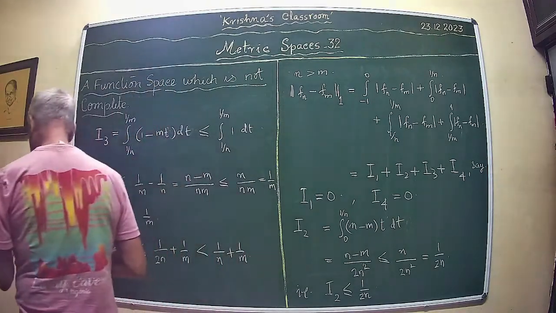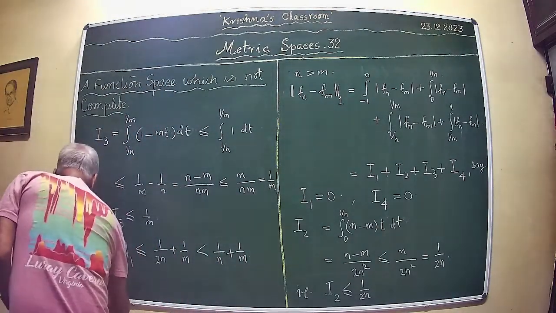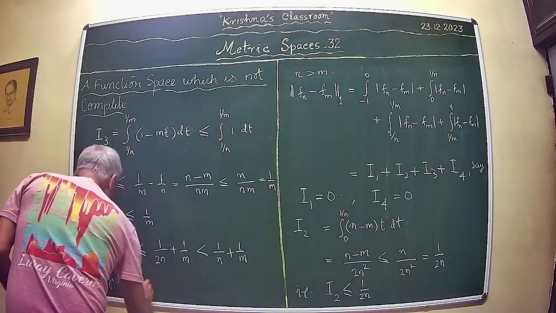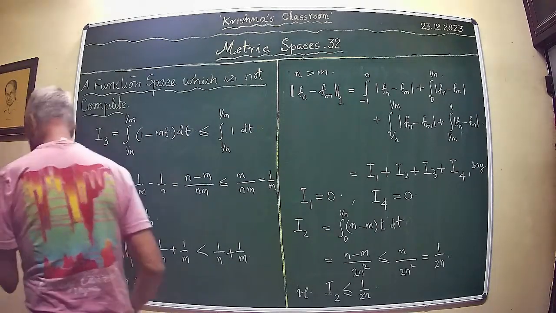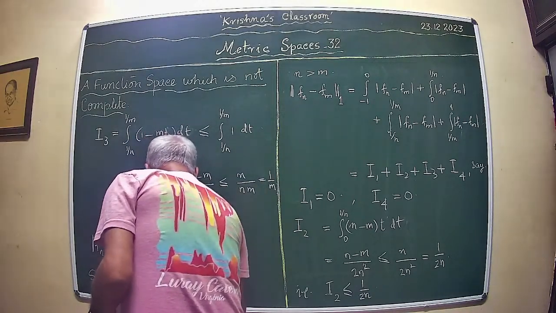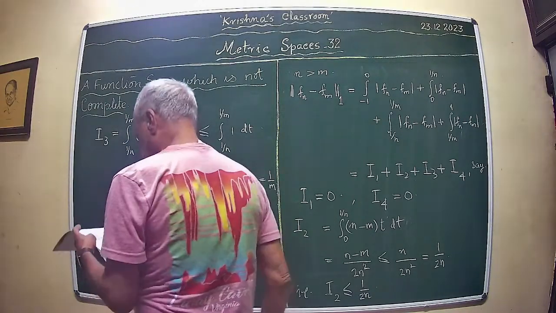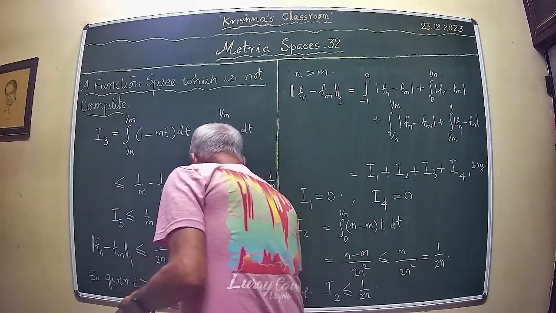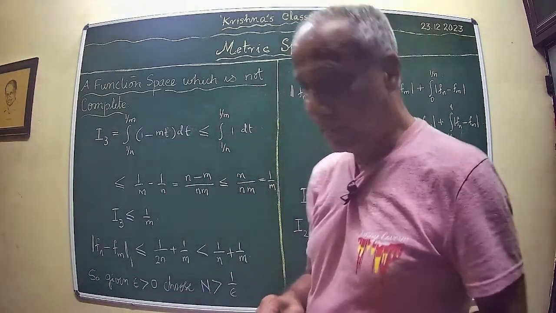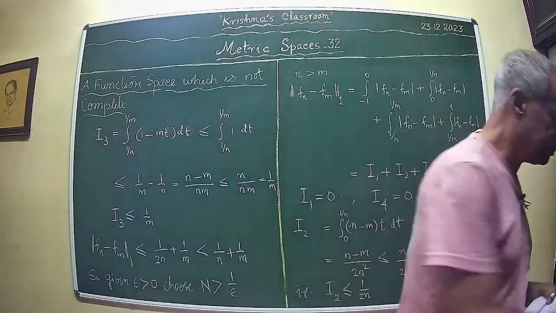So for epsilon positive, choose N greater than 1 by epsilon. Now such an N exists by Archimedean principle.